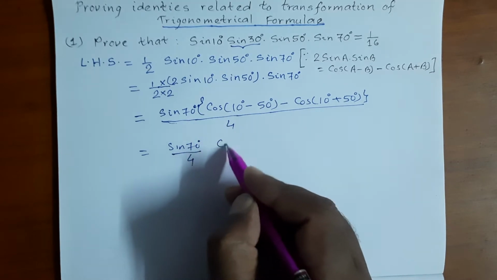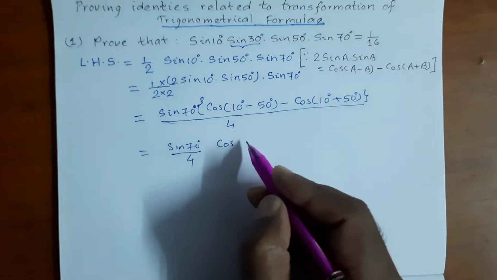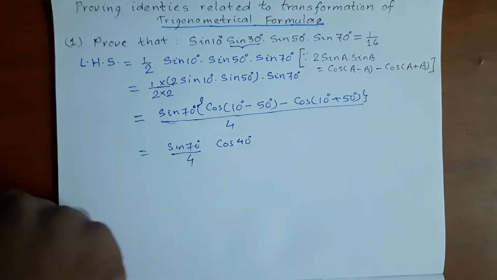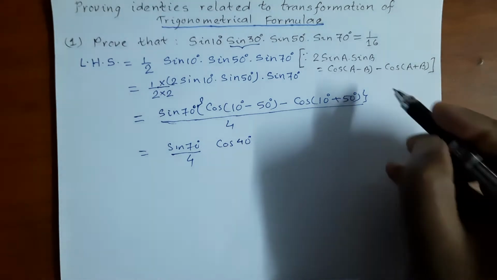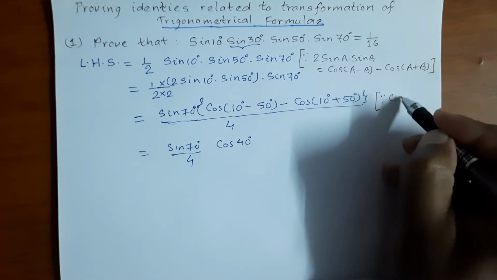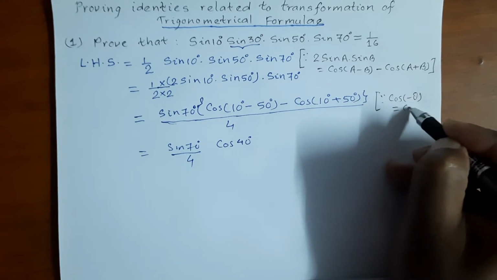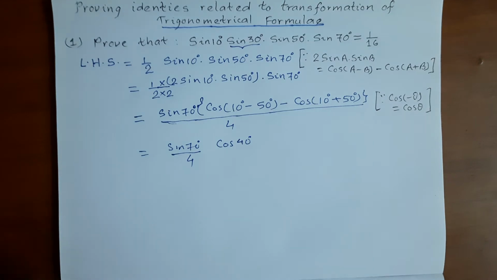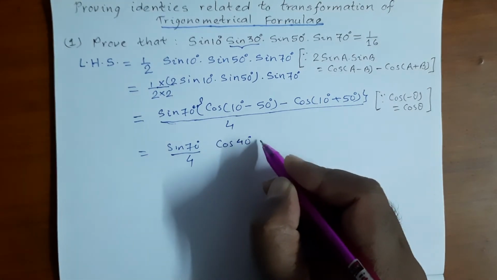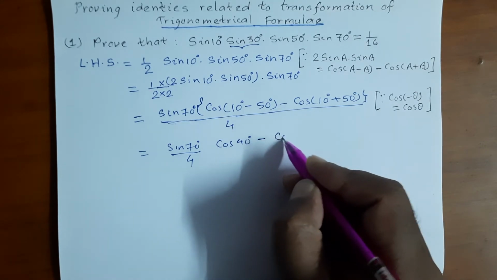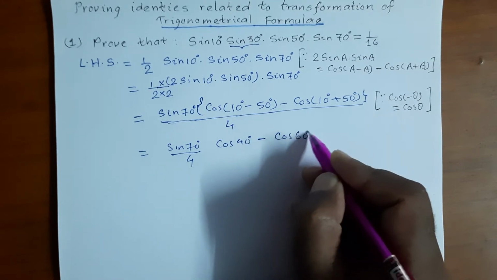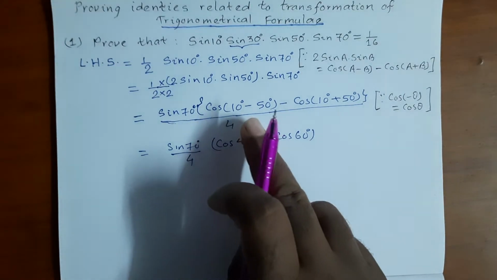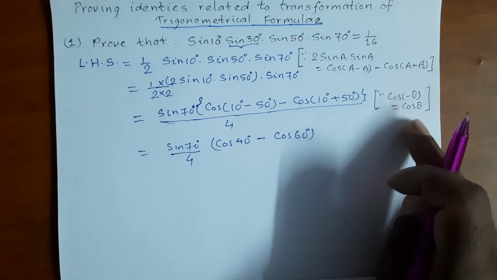Cos of 10 minus 50 is cos of minus 40, but cos of minus theta is cos theta, so we write cos 40, and minus cos 50 plus 10, which is 60 degree.